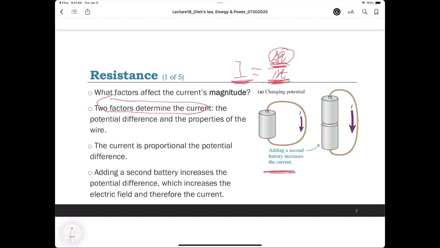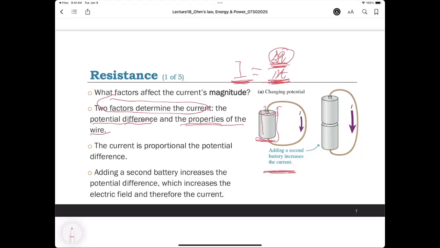What factors affect the current's magnitude? There are two factors, and they are fixed if the battery is fixed. One is the potential difference, and the other is the properties of the wire. If the battery is fixed, the potential difference is fixed.